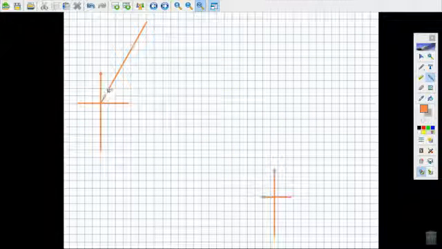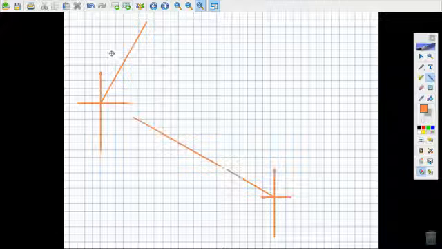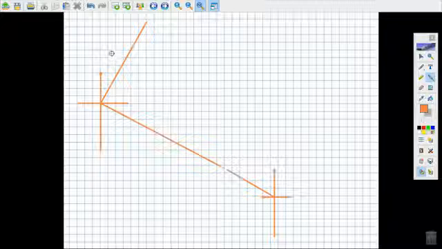So from R, this is our R, we navigate 300 degrees from the north direction along the clockwise direction. 300 will be around here, that is 300. So the next step will be joining the two.